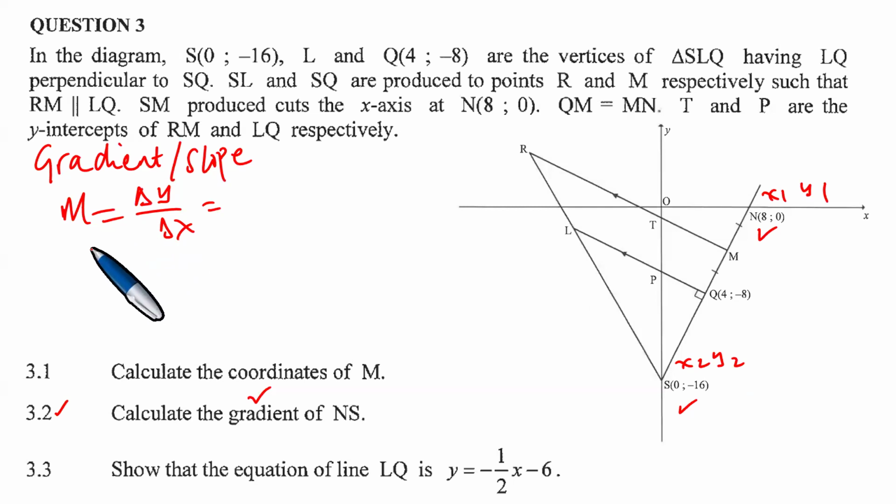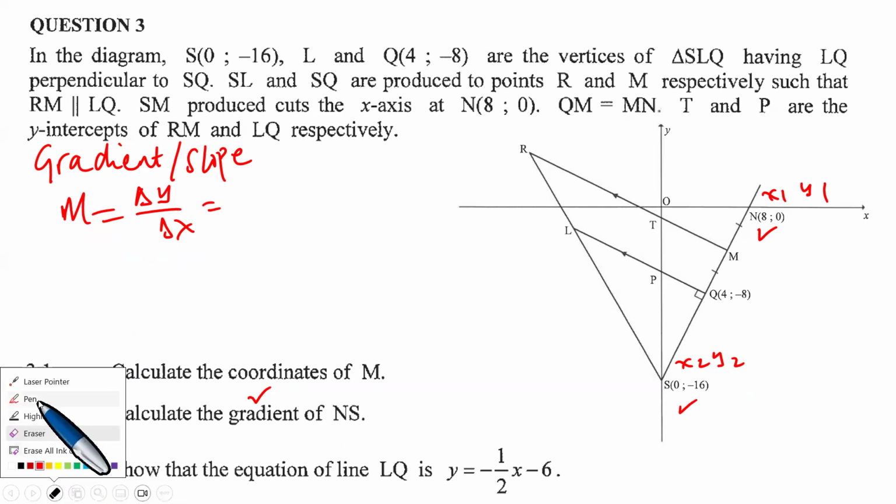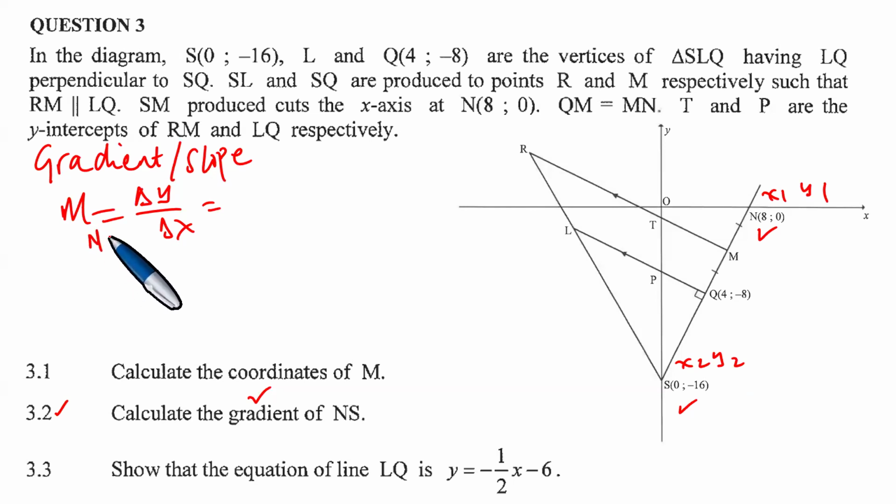The gradient is represented by m, so the change in y becomes y2 minus y1 over x2 minus x1.